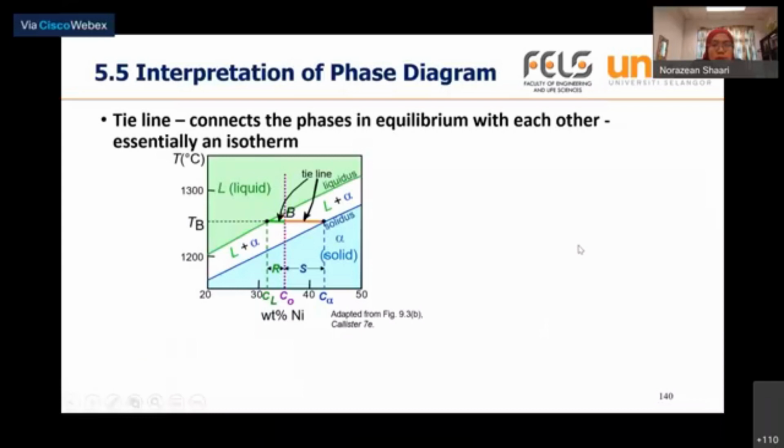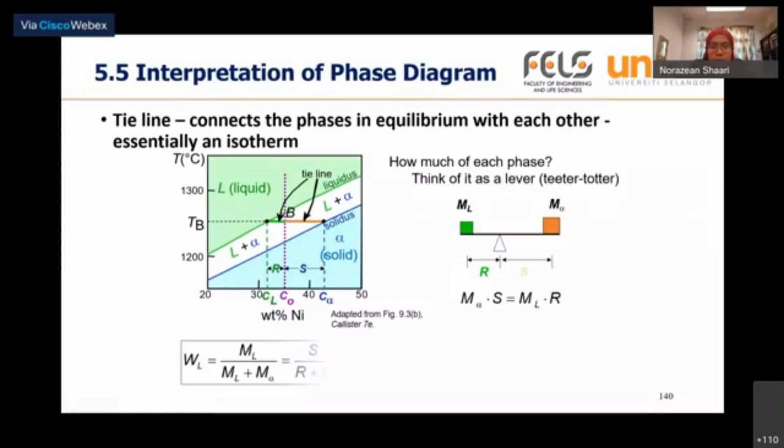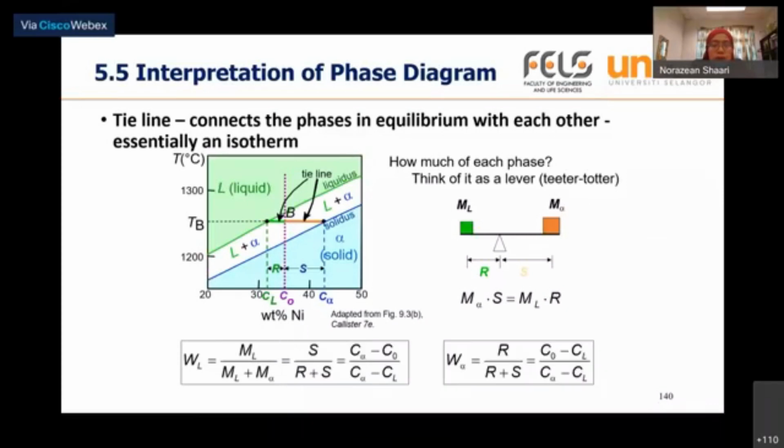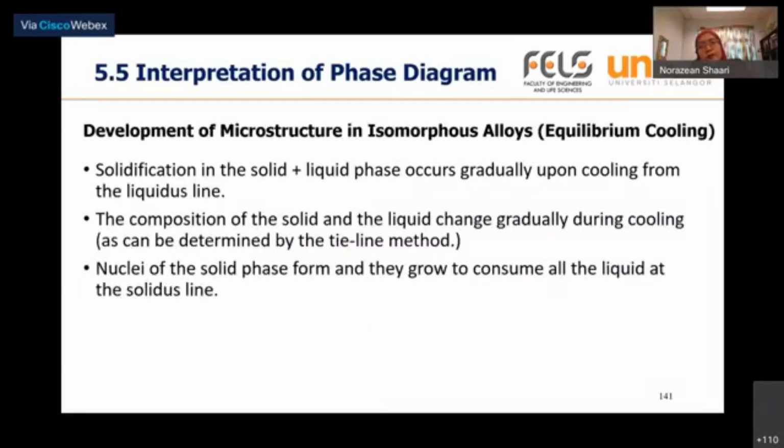Okay, so ini timeline tadi lah, okay. Then untuk developments of microstructure in isomorphous, so daripada phase diagram tadi, kita boleh tengok perubahan ataupun the developments of microstructure tu, contohnya bila kita buat penyejukan, okay, cooling process, macam mana perubahan microstructure ataupun during heating process, macam mana perubahan microstructure.